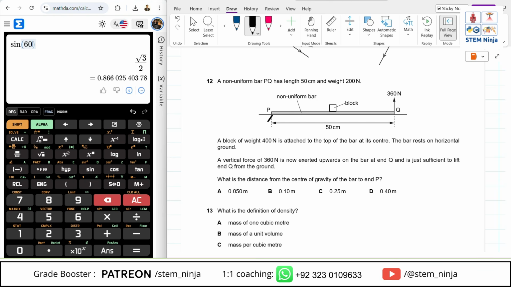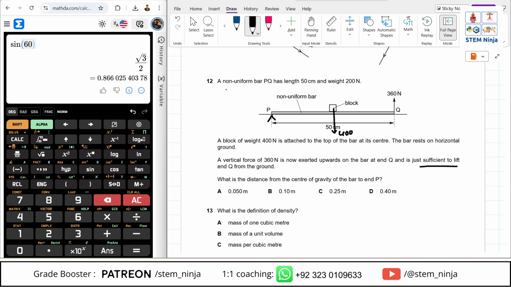So since P is acting like the pivot, this is 400 newton. And when it says it is just sufficient, that means the object is still in equilibrium, but it is very close to just lifting.